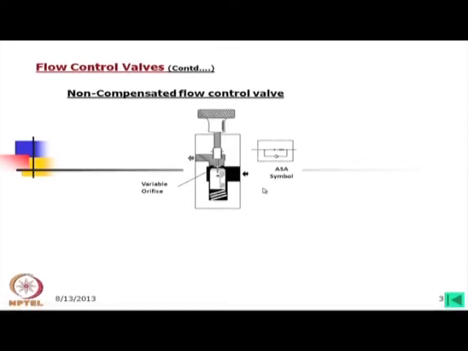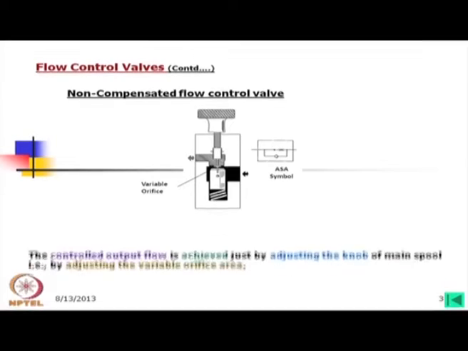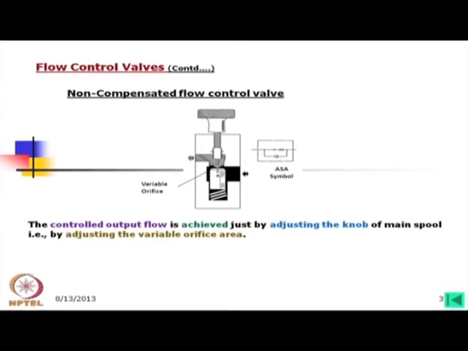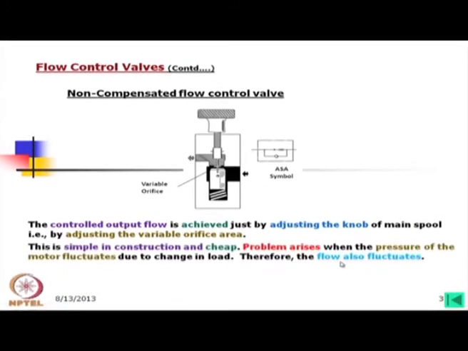Definitely the equation for such flow can be developed, knowing the geometry of these orifices. The controlled output flow is achieved just by adjusting the knob, which I have described, on the main spool by adjusting the variable orifice area. This is simple in construction and cheap.